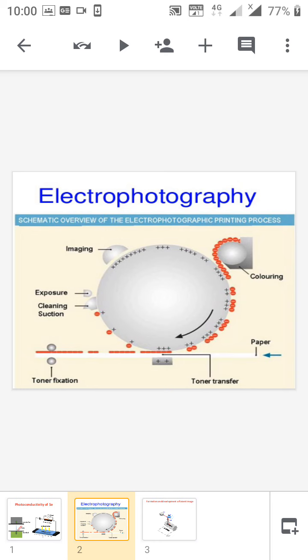After that, we develop the latent image using a toner, the developed image is transferred onto the print paper, and then it is fixed using heat and pressure.